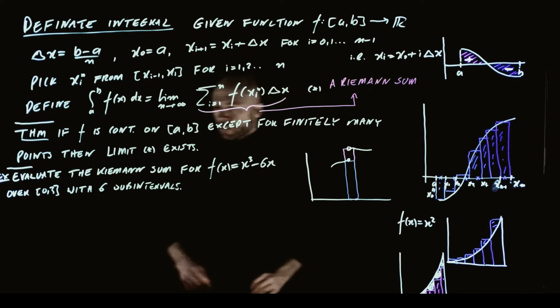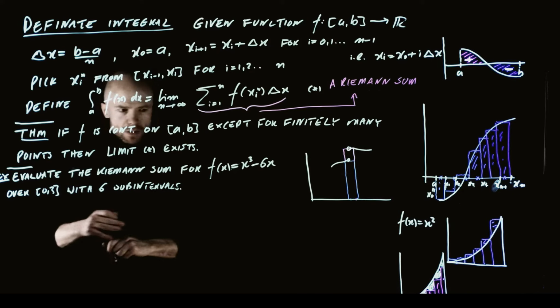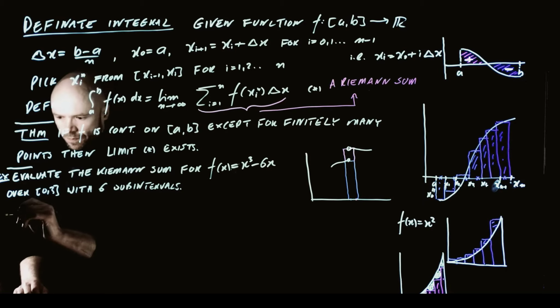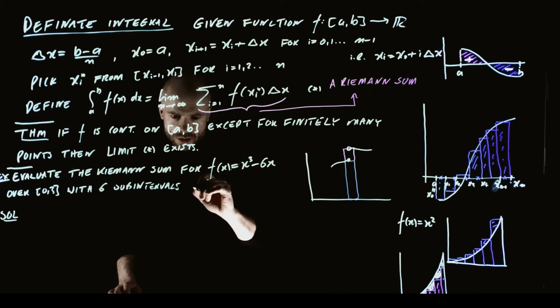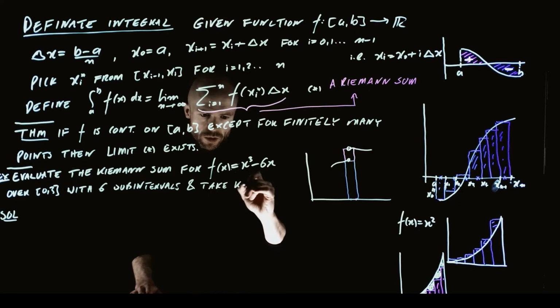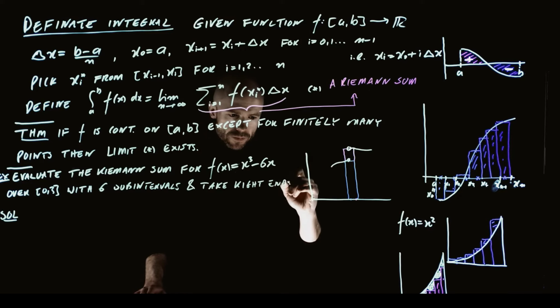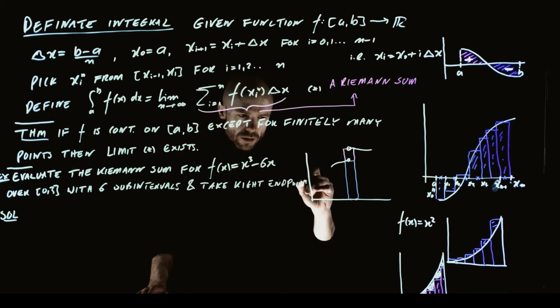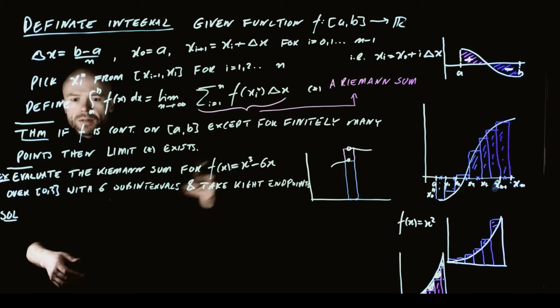Okay. So let's get to work on this thing. Solution. And taking right endpoints. It also tells us what sample points it wants us to take. It wants us to take the rightmost endpoints.